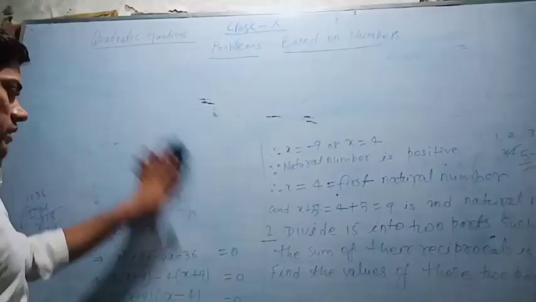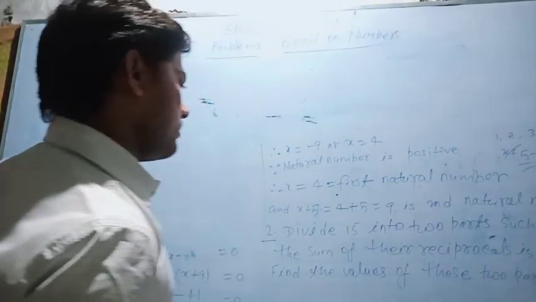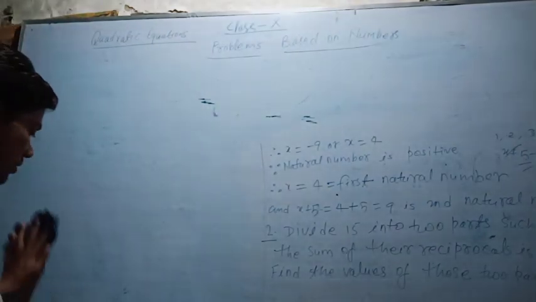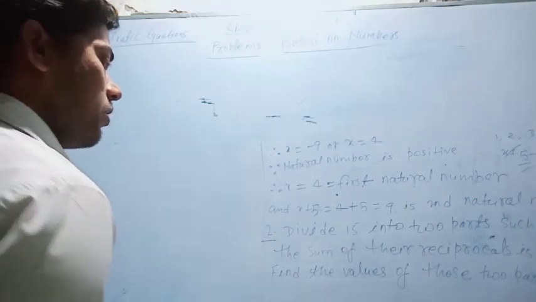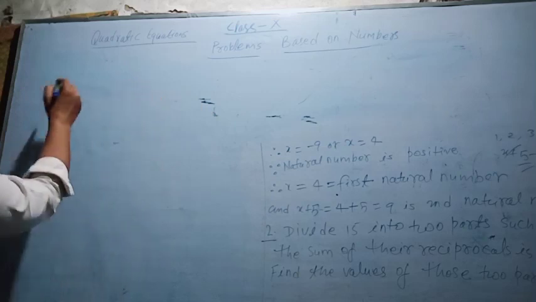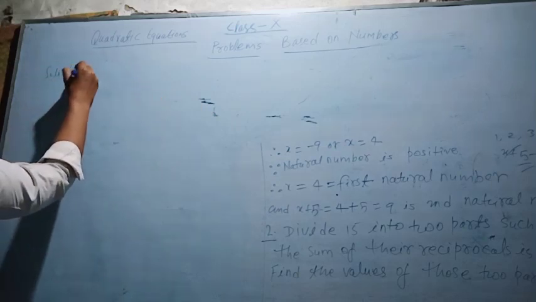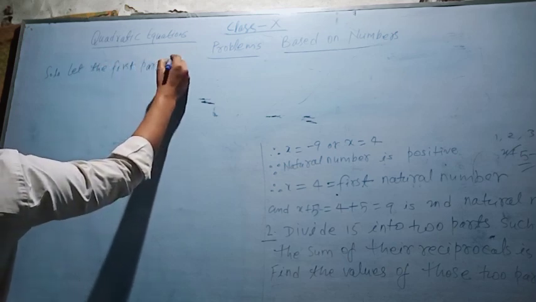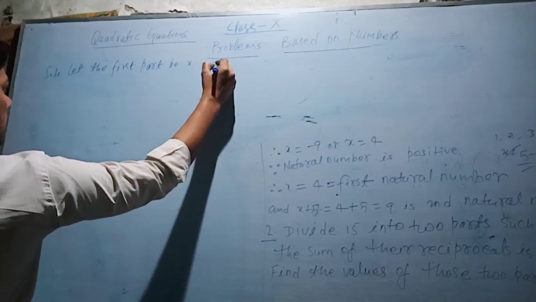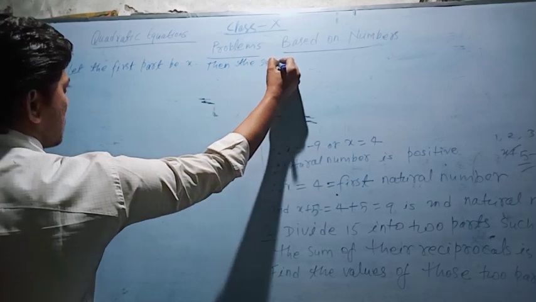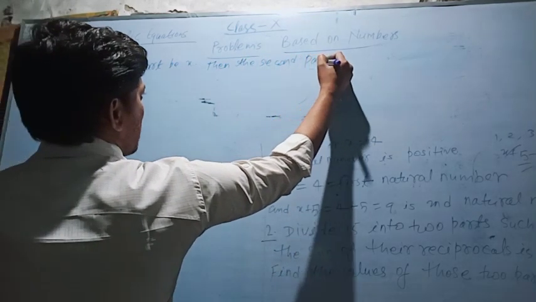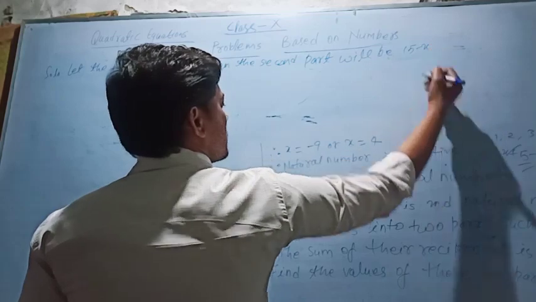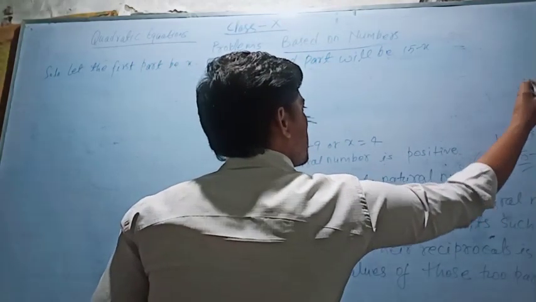Solution. Let the first part be x, then the second part will be 15 minus x, because the sum is 15.